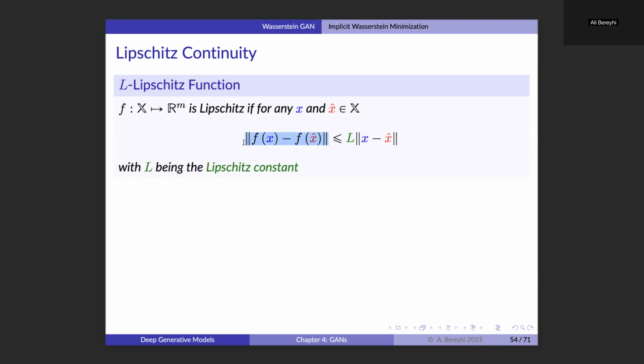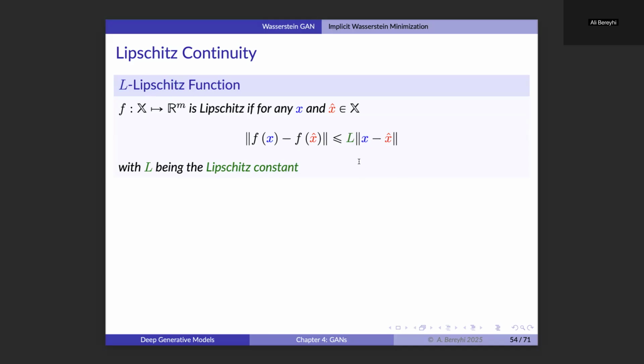When x and x hat are passed through that function, the outputs are two different values, and the distance between these two values should always be less than or equal to some constant L, which we call the Lipschitz constant. So this is L, one constant, times the difference between the two points, x and x hat.